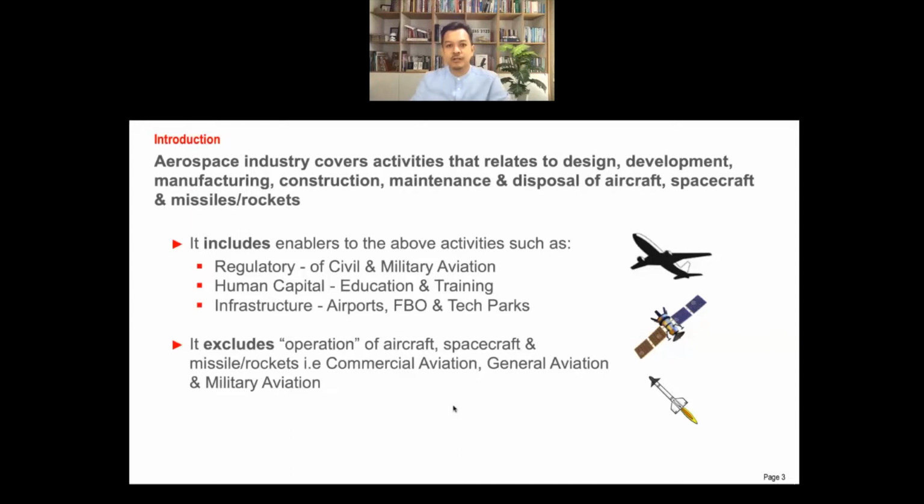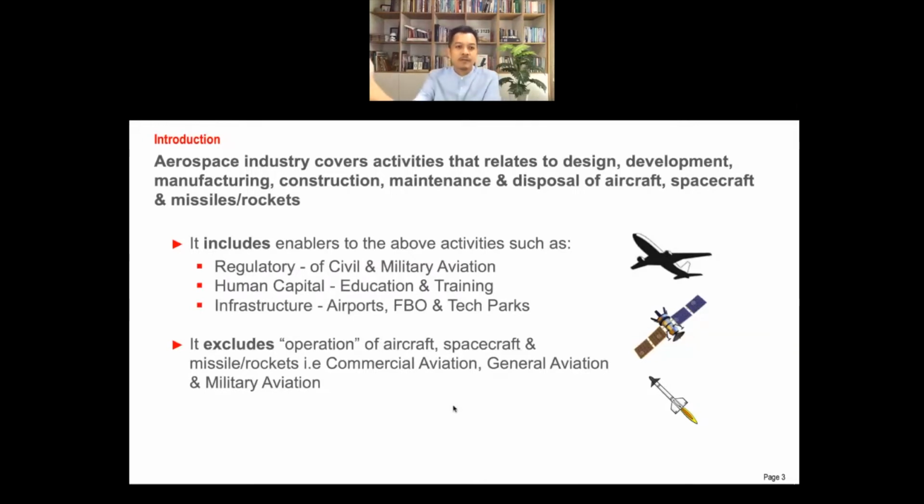activities. So those related to design, related to development, aerospace manufacturing, construction, activities in terms of maintenance, disposal of aircraft, as well as spacecraft and missile and rocket have also been included in the other activities such as the regulatory. It includes regulatory bodies of both civil and military aviation.